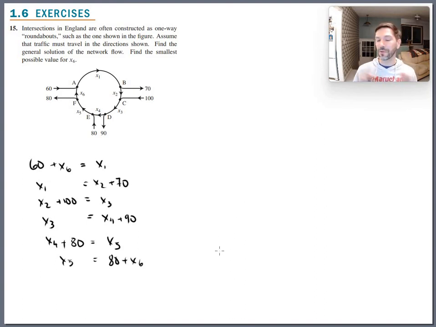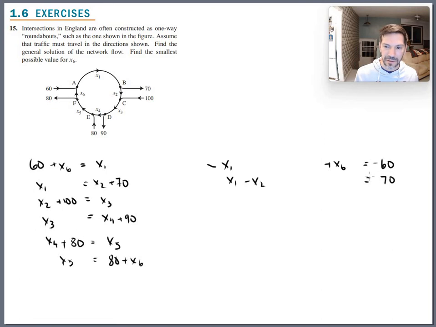So again, for matrix-friendly format, we want to move all the variables to one side, all the plain numbers to the other side. So the first equation is going to look like negative x1 plus x6 equals negative 60, and the next one will be x1 minus x2 equals 70. The next one is x2 minus x3 equals negative 100.